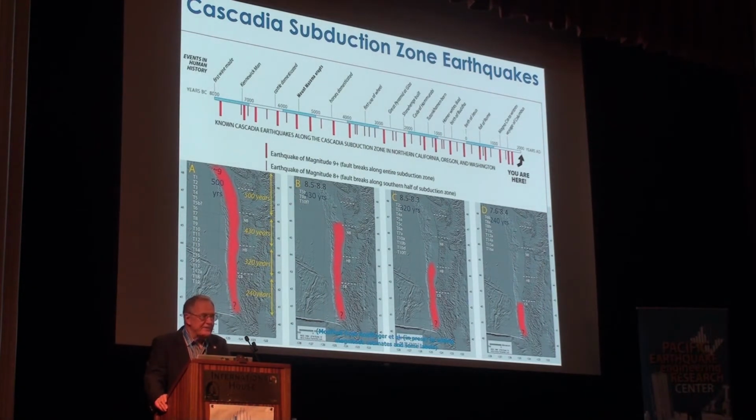So this shows the Cascadia subduction zone earthquake. And the timeline at the top is over the last 10,000 years, and it shows what we believe are the major events that have happened, some 22, 24 events, half of them in the 8 to 9 magnitude range, and the others down in the southern margin, down around the 7 or 8 range.